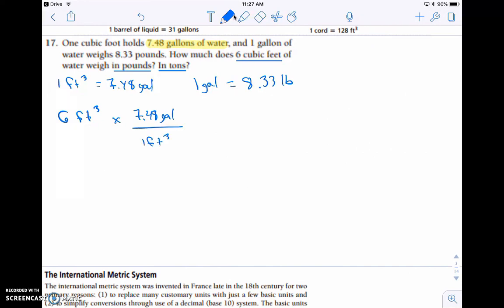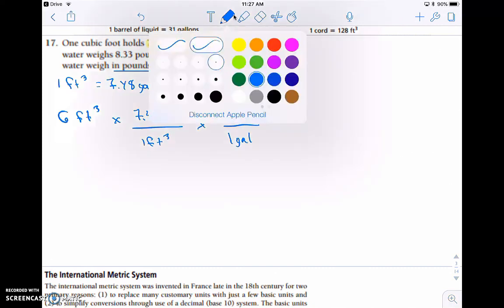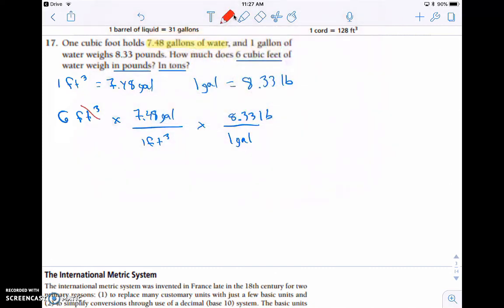So that's going to cancel out our cubic feet units. And then we know that 1 gallon is 8.33 pounds. And again, notice I'm specifically setting up my fractions so that my units are going to be canceling out here.